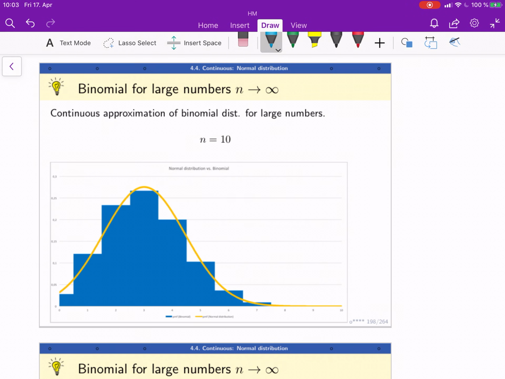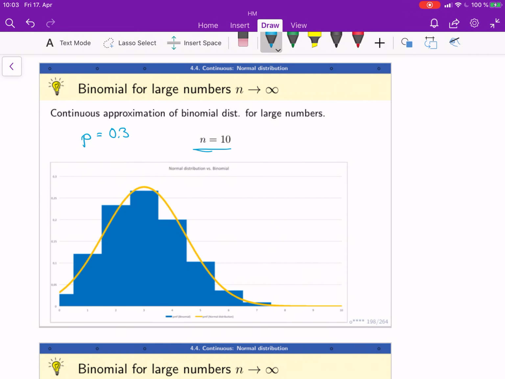So let's think again about the binomial distribution, like the coin flip. And I flip my coin 10 times. Let's make it a non-fair coin just so the distribution is not completely centered, so we see a little bit more of the shape. So let's say the probability is 0.3.